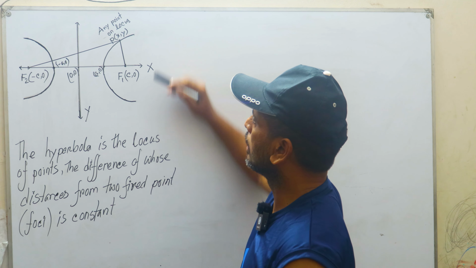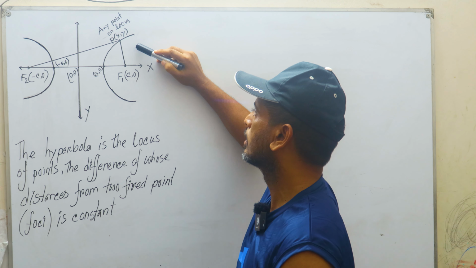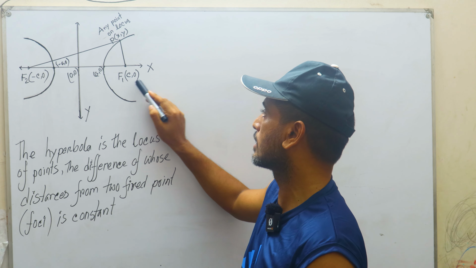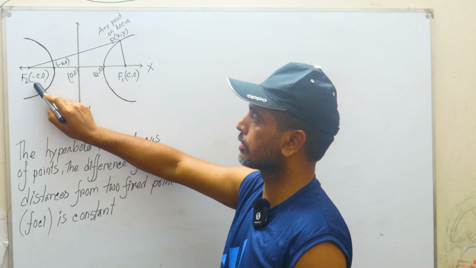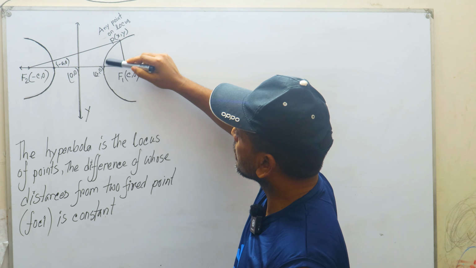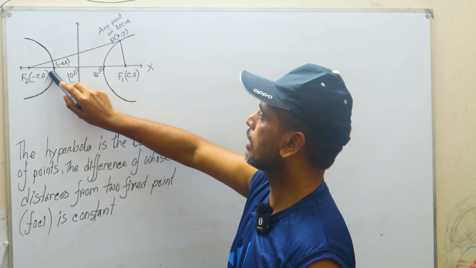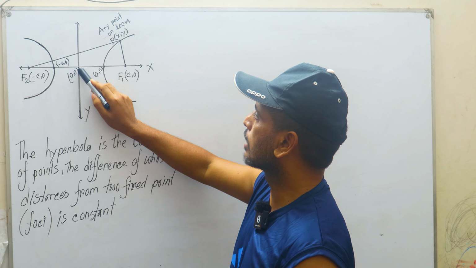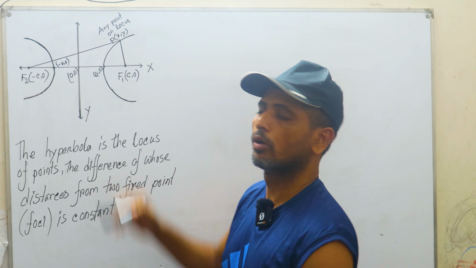In the figure, P is any point on the locus, F1 is the focus whose coordinate is (c, 0), F2 is the second focus whose coordinate is (-c, 0), this vertex coordinate is (a, 0) and this vertex coordinate is (-a, 0), and this is the origin of the two axes, x axis and y axis.